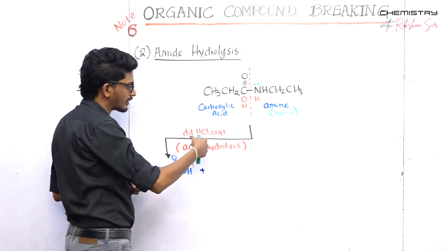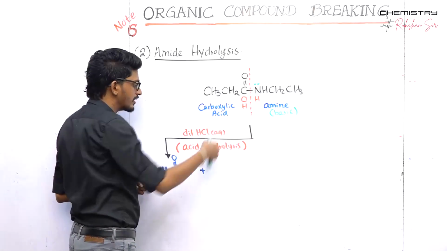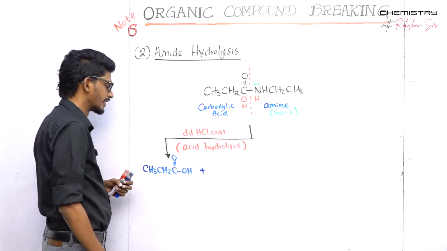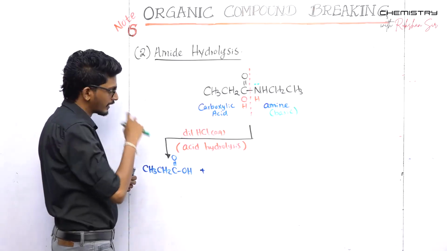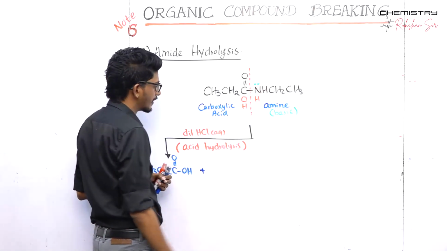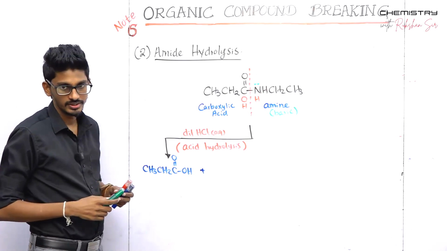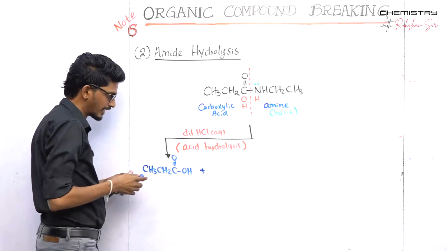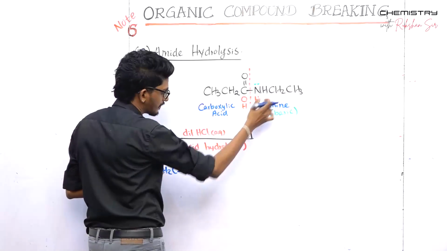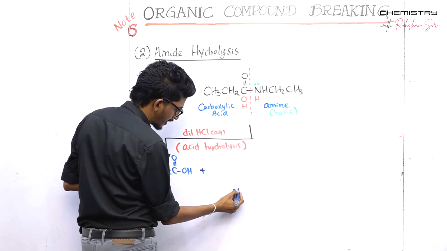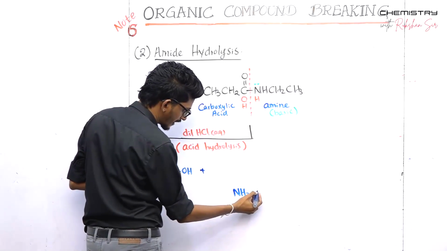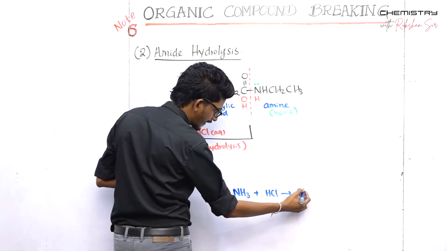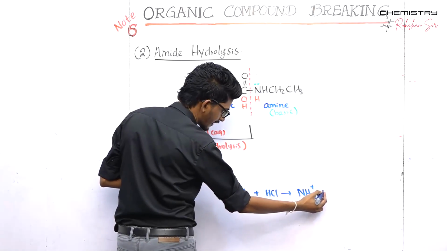But then what will happen? As amines are basic, they will react with the acid catalyst in your flask, right? So the acid-base reaction will produce the ammonium salt. If ammonia reacts with HCl, it will form NH4+ and Cl-.